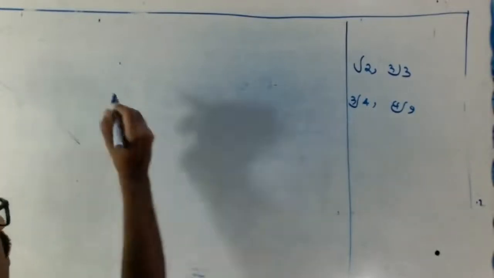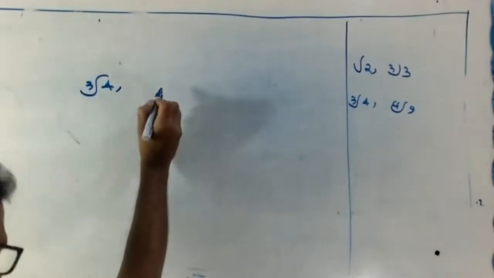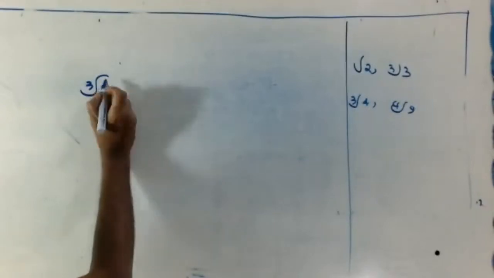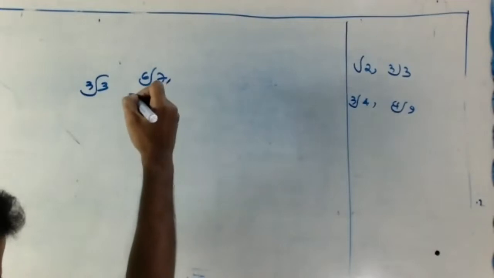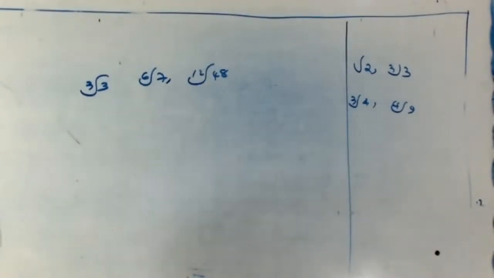In my question: fourth root of 3, sixth root of 7, 12th root of 48.